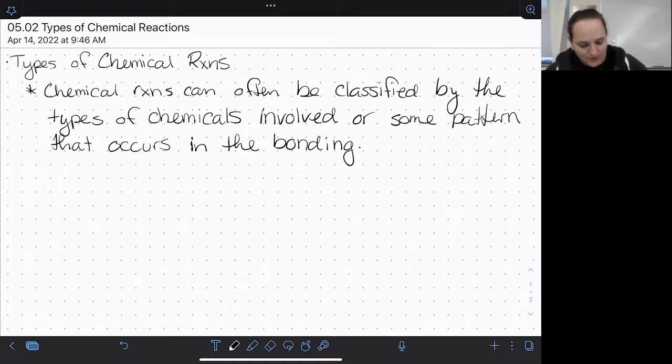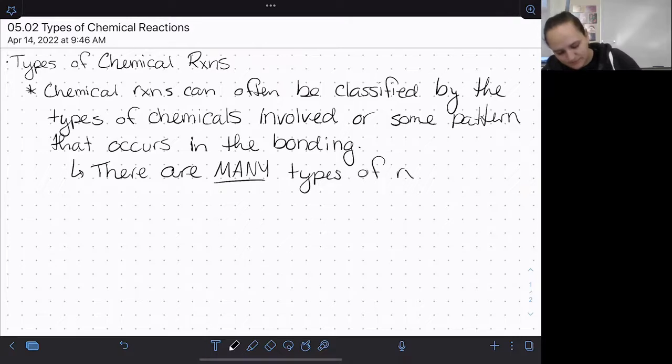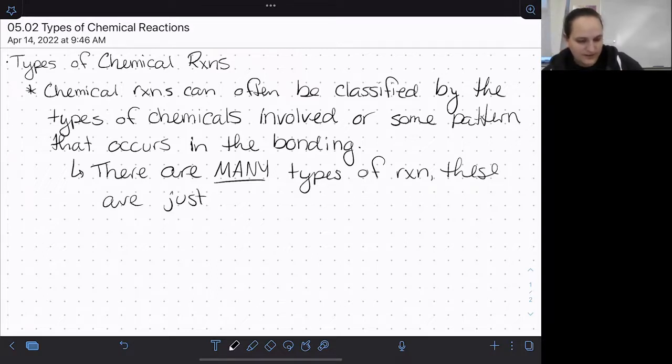Just a quick note that there are many types of chemical reactions. There are many ways to classify things, and we're just talking about a few, just to get a taste of what types of reactions are out there.